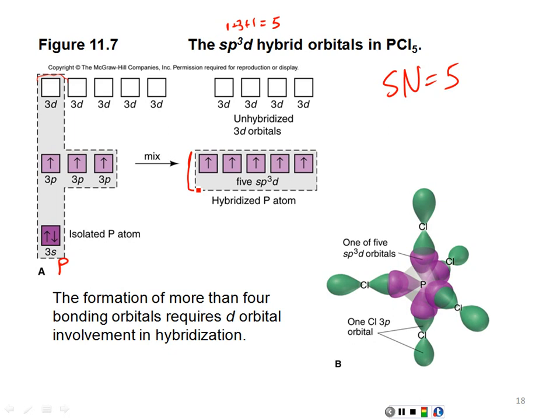And the 5 valence electrons from phosphorus, 1 each goes into the new 5 hybrid orbitals. And then these hybrid orbitals can form bonds with the p orbitals on chlorine. So we get 5 identical hybrid orbitals forming 5 identical bonds. And this gives us a molecular geometry known as trigonal bipyramidal.